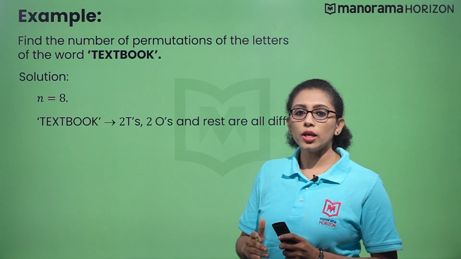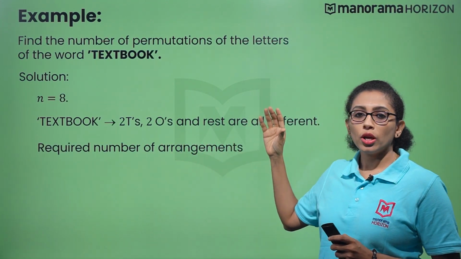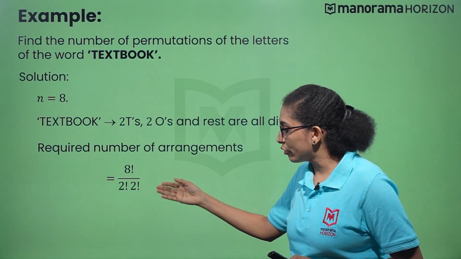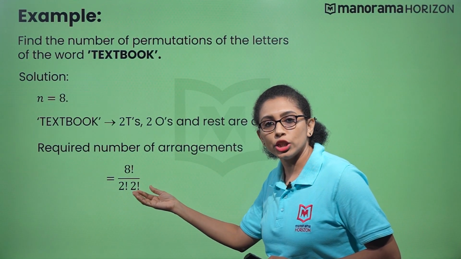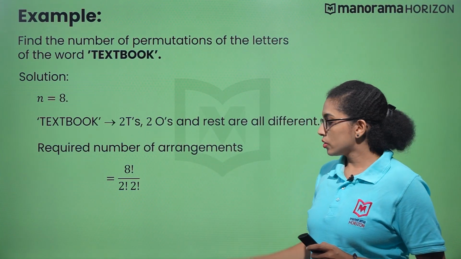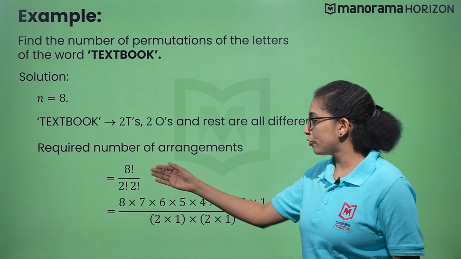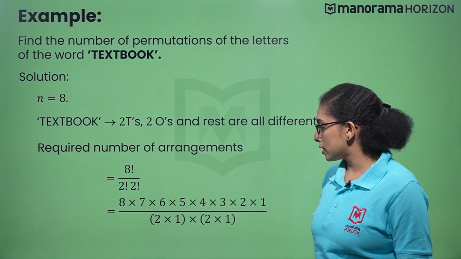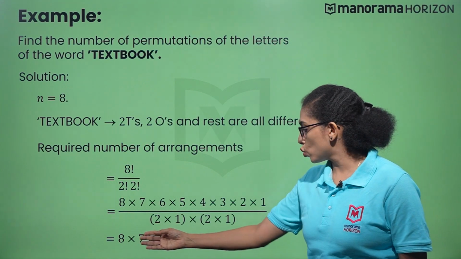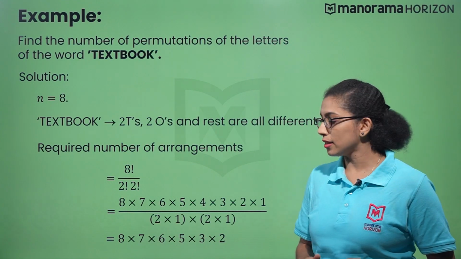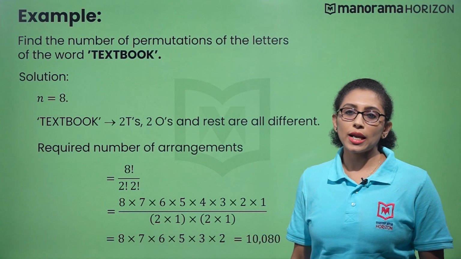So, the required number of permutations is given by 8!/(2! × 2!), because of the 2 T's and 2 O's. Expanding them, we get 8! over 2! and 2!. Here we can cancel, and we get 8 × 7 × 6 × 5 × 3 × 2, and the final result comes out as 10,080.